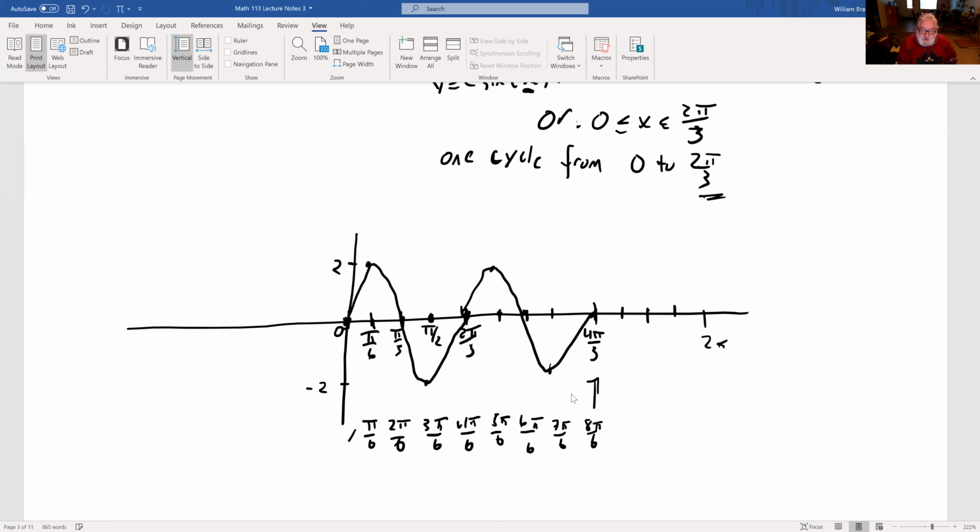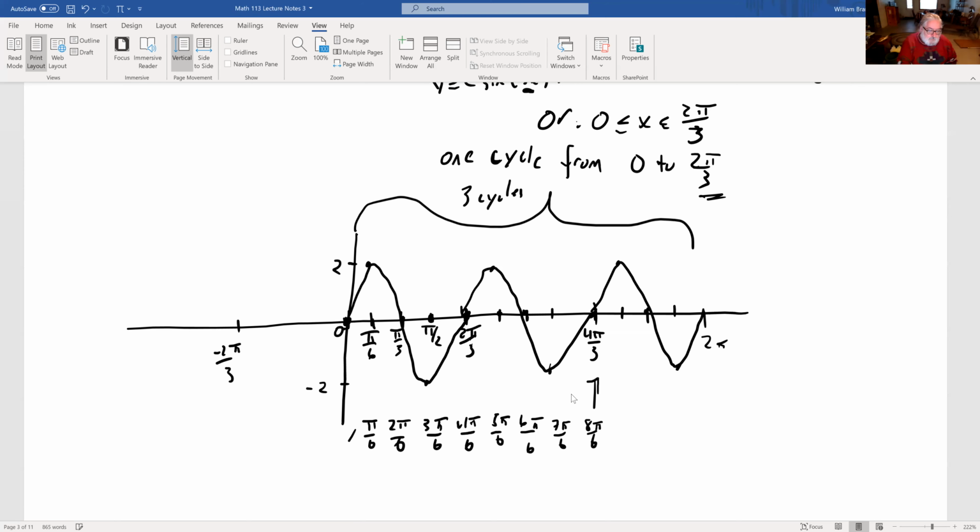Cut that in half, cut that in half, cut that in half. Positive, 0, negative, 0, up, down, up. So from 0 to 2 pi, we have 3 cycles. And because it's periodic, up, down, up.